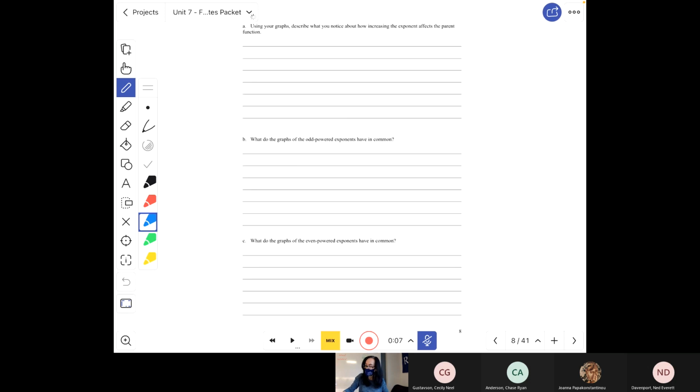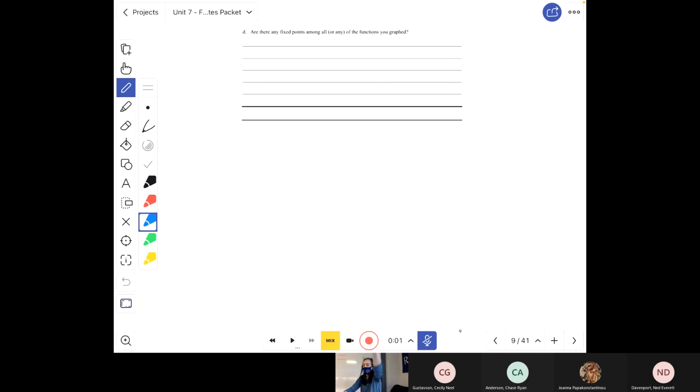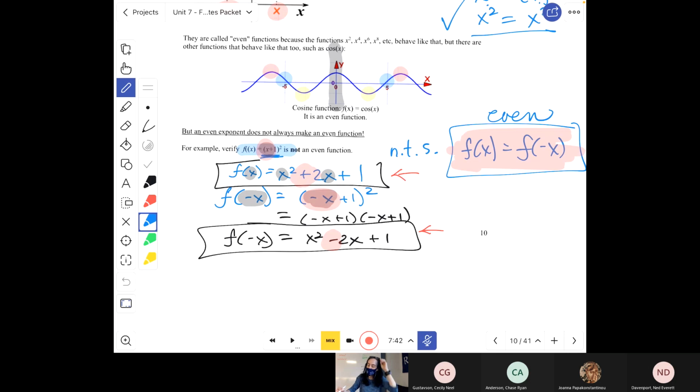Once you've done that, and you can put them all on the same Cartesian plane in Desmos, answer these questions. This is a little exploration. I'd like us to discuss this exploration at the beginning of class next week. The power exploration is due for the next class period.